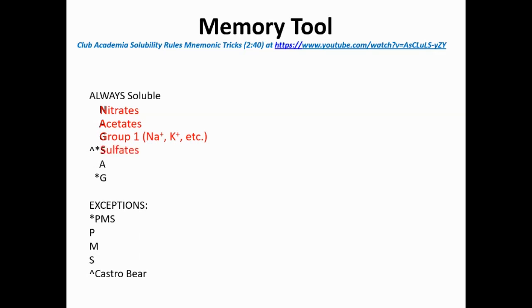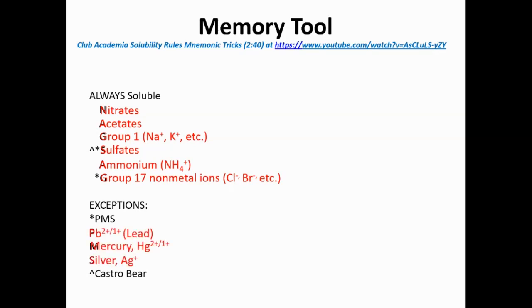What about S, sulfates? Notice we have some exceptions. Moving on to A, ammonium. The ammonium salts are soluble. And finally, the group 17 are soluble, but we have an asterisk for some insoluble exceptions. The insoluble exceptions with the sulfates and the group 17 nonmetals are as follows: PMS, lead, mercury, silver, and then CaSrBa, calcium, strontium, barium.